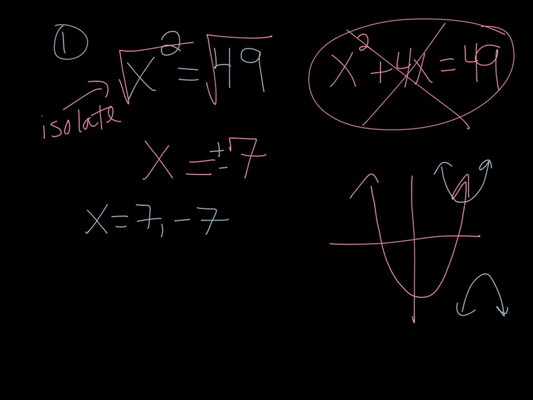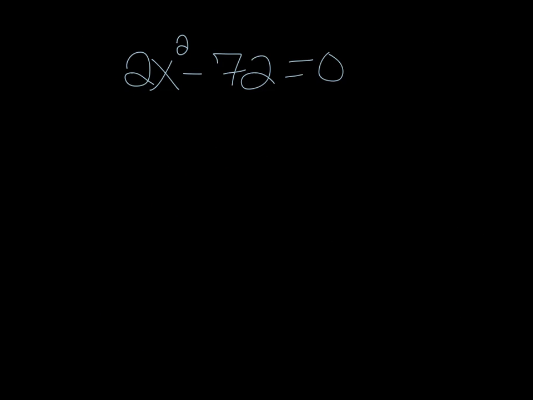And the reason that works is because I can square 7 and get 49, or I can square negative 7 and get 49. So both of those answers, positive 7 and negative 7, are possibilities. Alright, so in this next example here, we have our quantity squared, x squared.